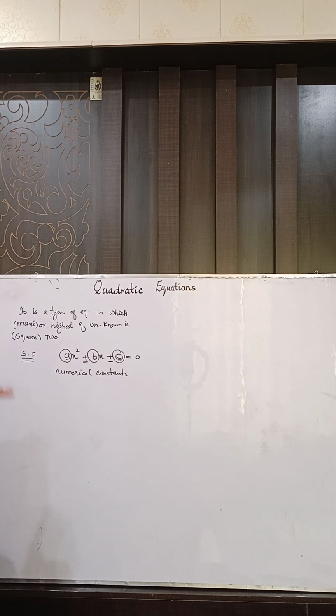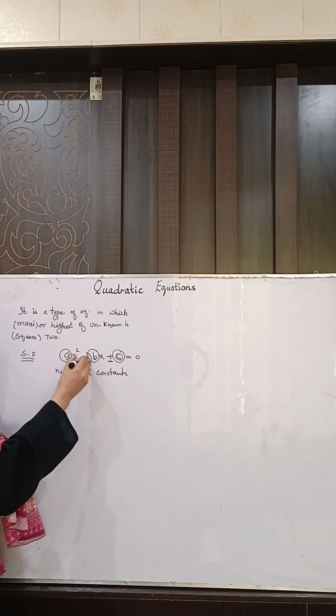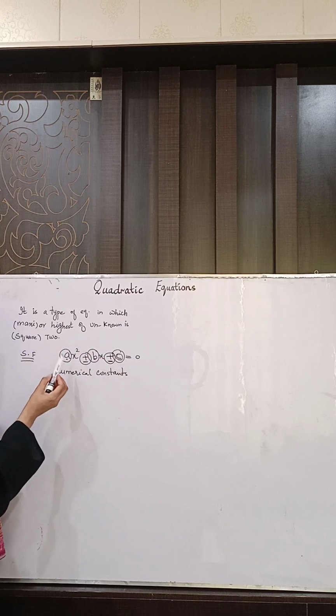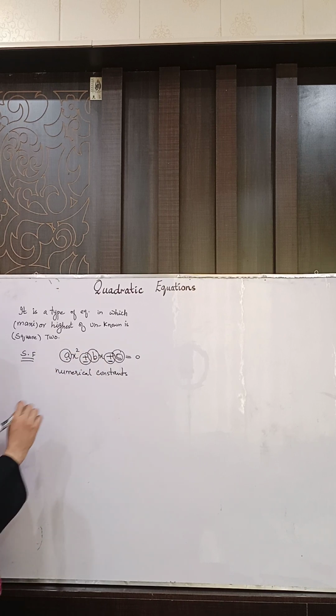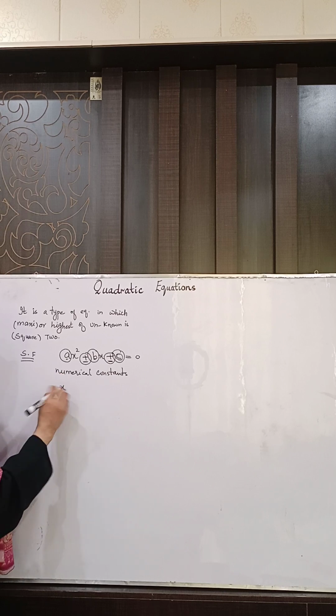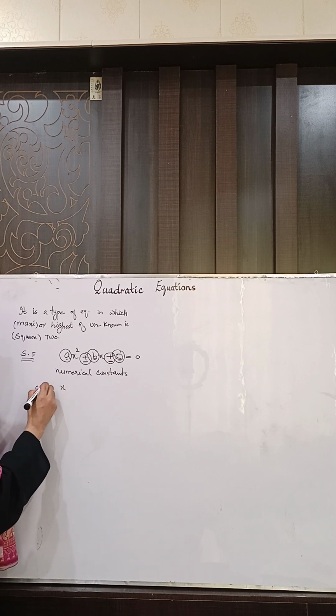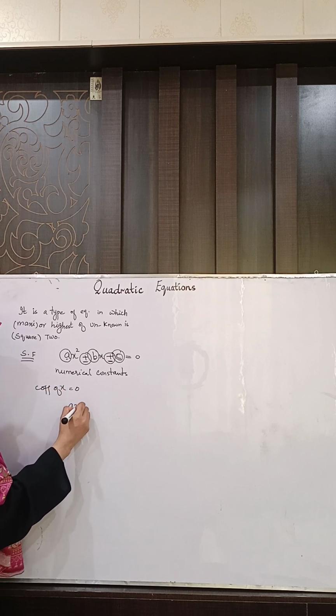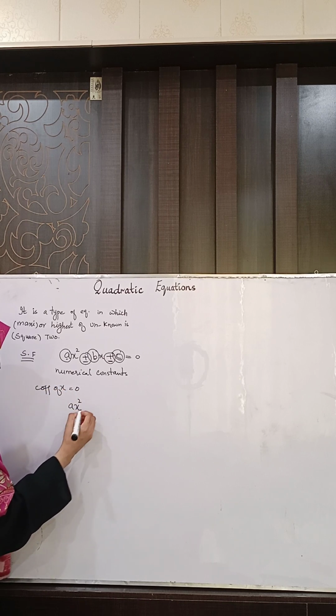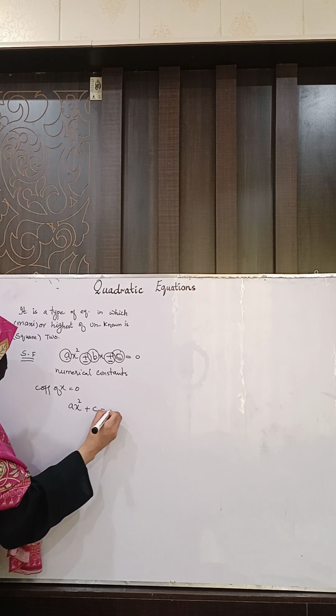We will use this a, b, c in the solution of quadratic equation when we use the formula to solve the equation. If the coefficient of x becomes 0, then our equation will reduce to ax square plus c is equal to 0.